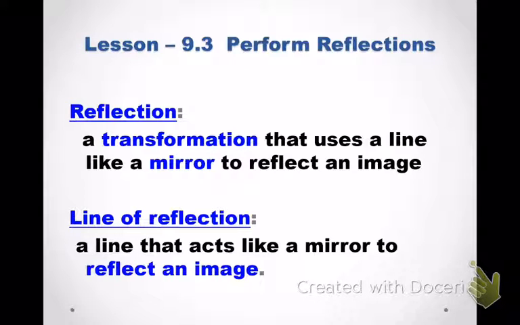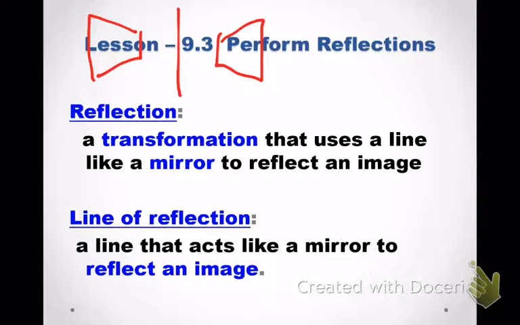Now, just up front, I'll tell you, if we have this shape here on this side, and I reflect across this line, you can see that it's the mirror of that, the flip of that.